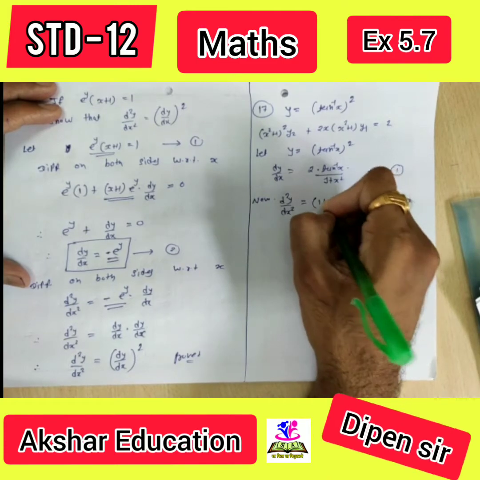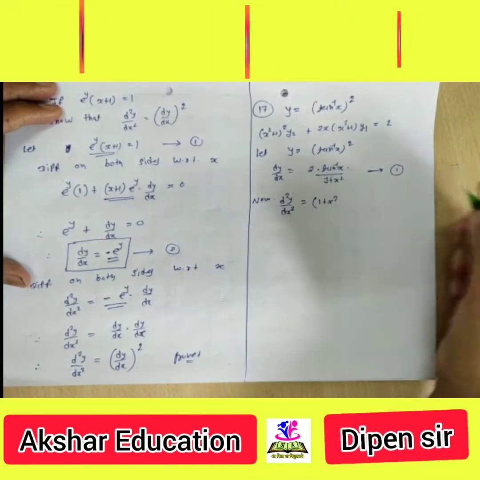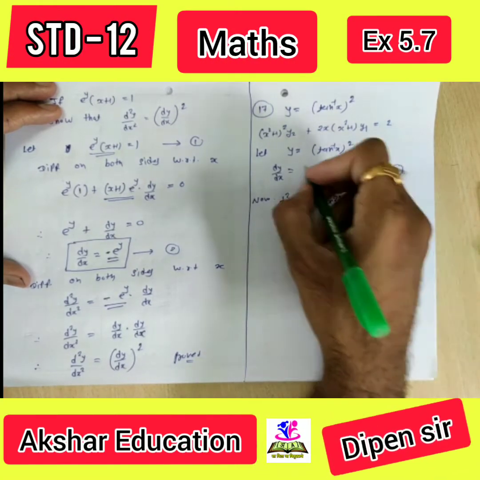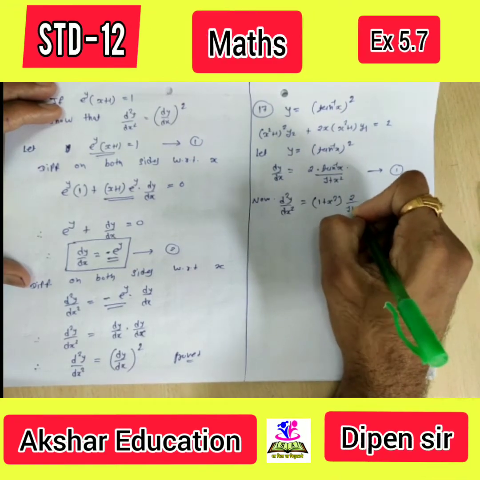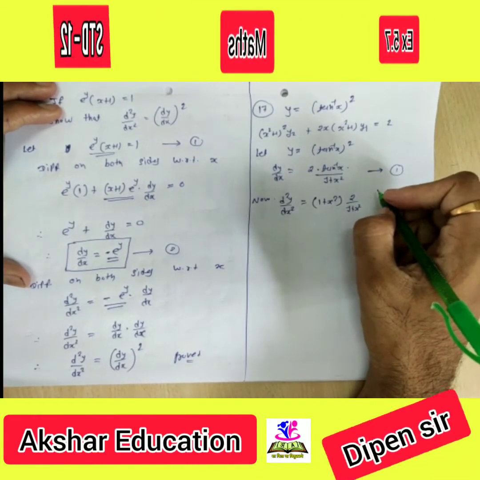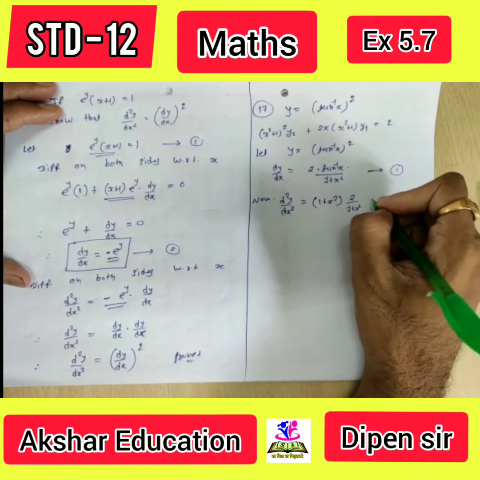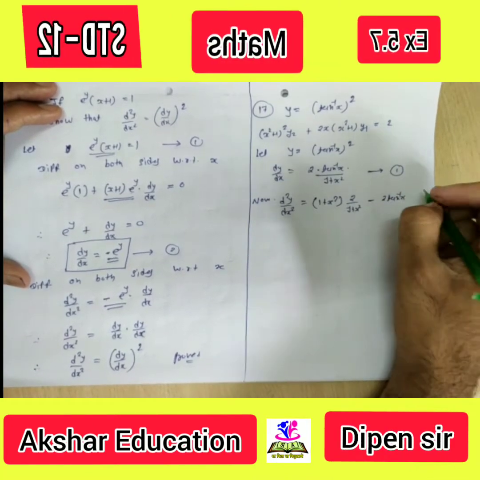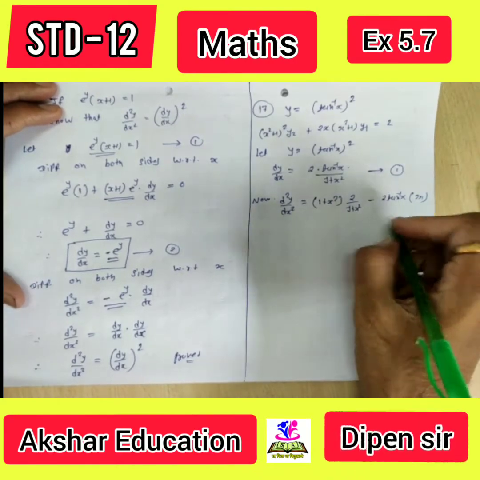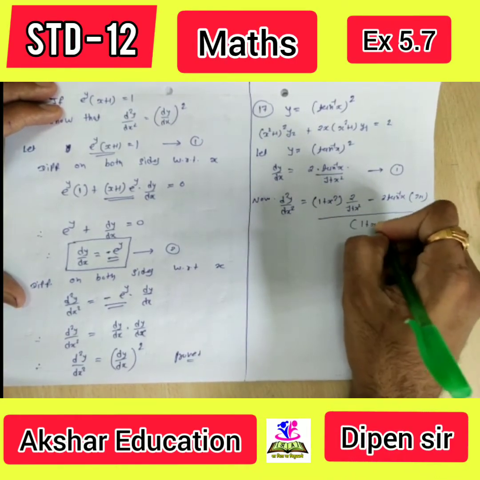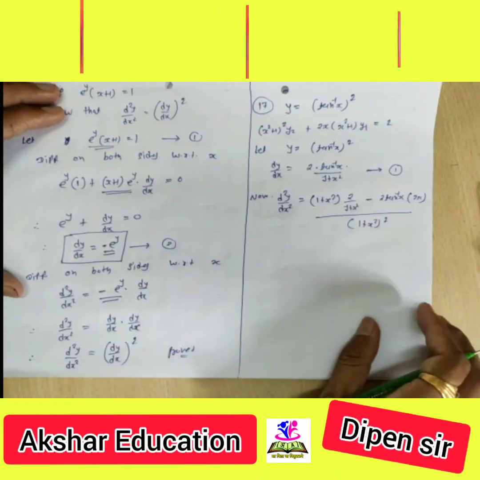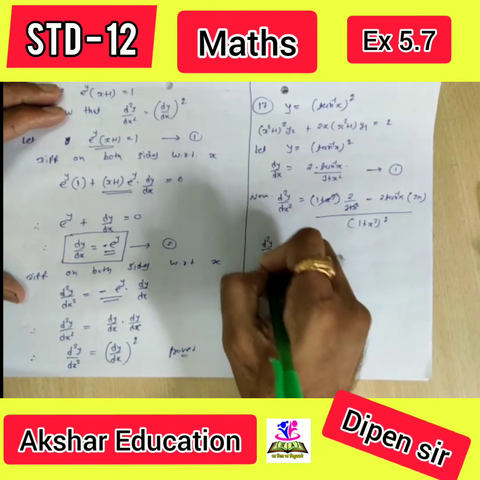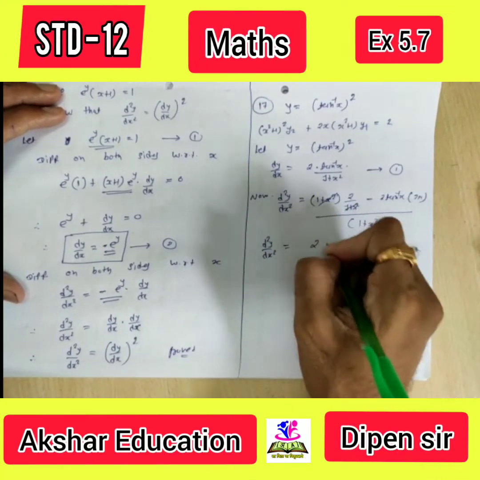The denominator as it is, 1 plus x square, and the differentiation of the numerator 2 tan inverse x, which is 2 into 1 upon 1 plus x square, minus 2 tan inverse x, the numerator as it is, into the differentiation of the denominator, which is 2x, whole divided by the denominator squared, which is (1 plus x square) whole square. Simplify this: 1 plus x square, 1 plus x square will cancel.